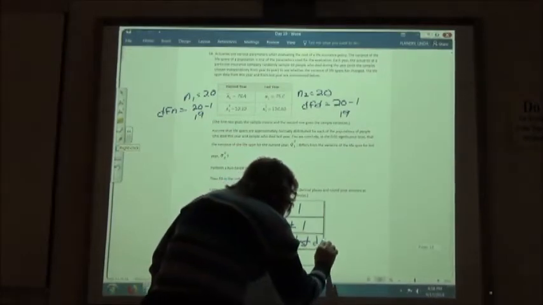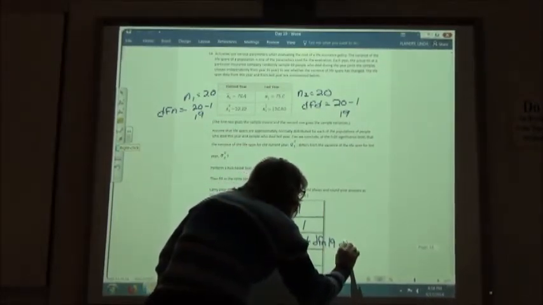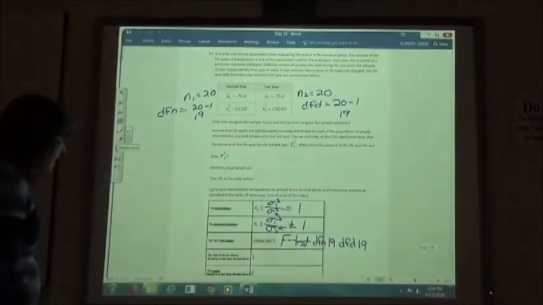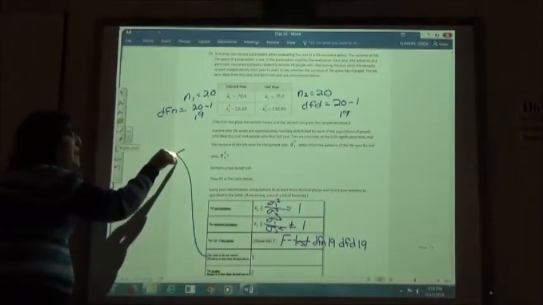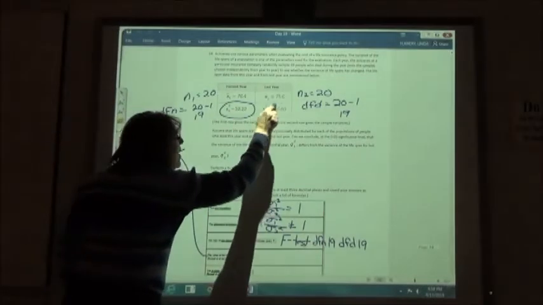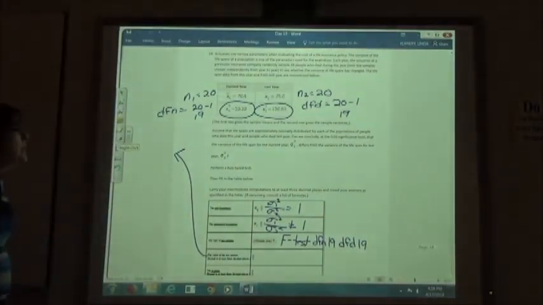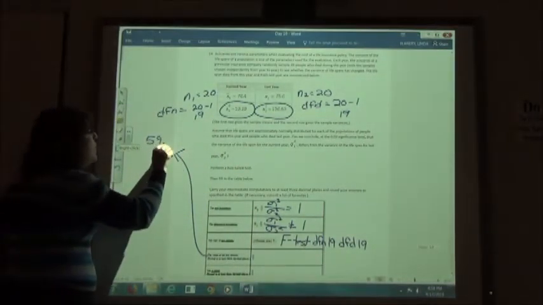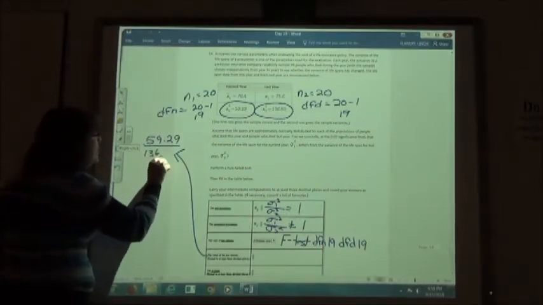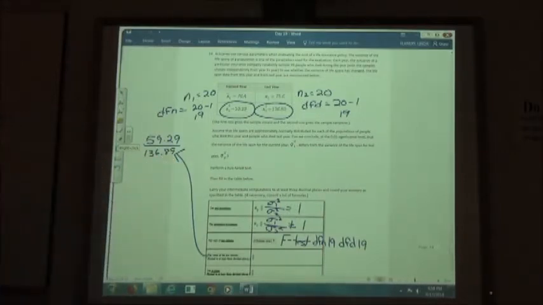So degree of freedom in my numerator, 19. Degree of freedom in my denominator, 19. I'm now going to find the value of my test statistic. To find the value of my test statistic, I'm going to divide my variances. So I'm going to take 59.29 divided by 136.89.